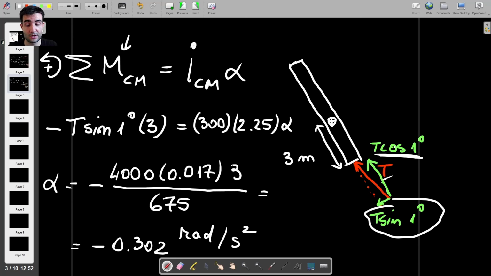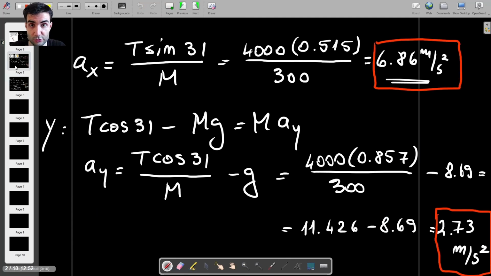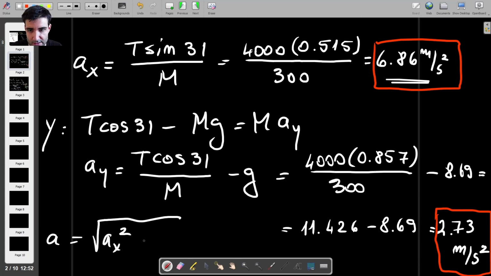So we found everything. We found the acceleration of the center of mass. We found the two components, and from here, of course, you can find the resultant, the absolute value of the acceleration, simply by doing this if you're interested. So you can just do Pythagoras and find the magnitude of the total acceleration.